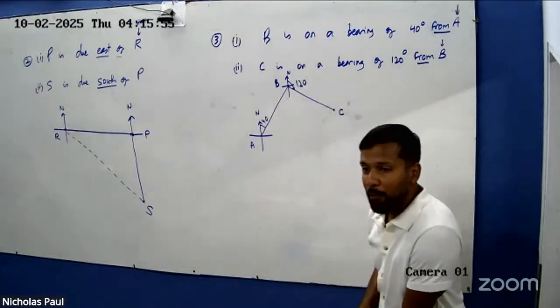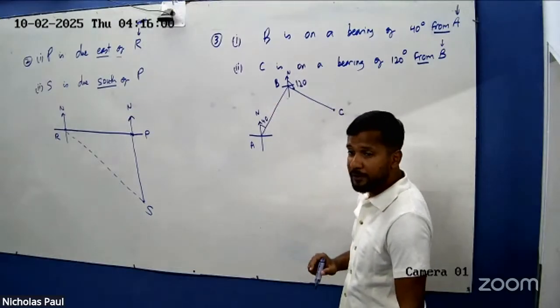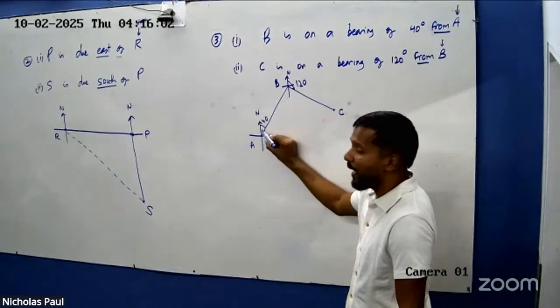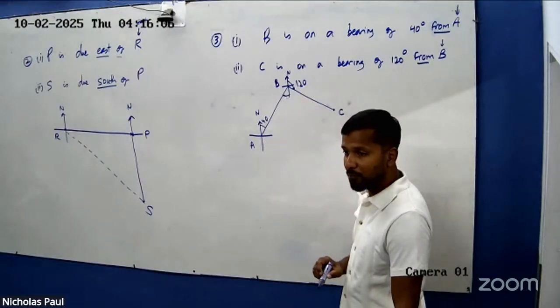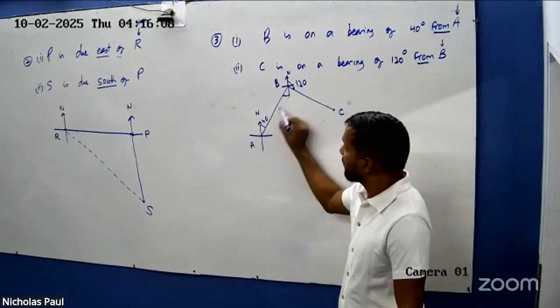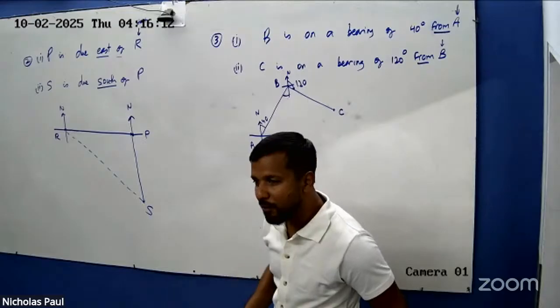Here's my problem. I want to get all my angles. So if here is 40, how much is here? 50?